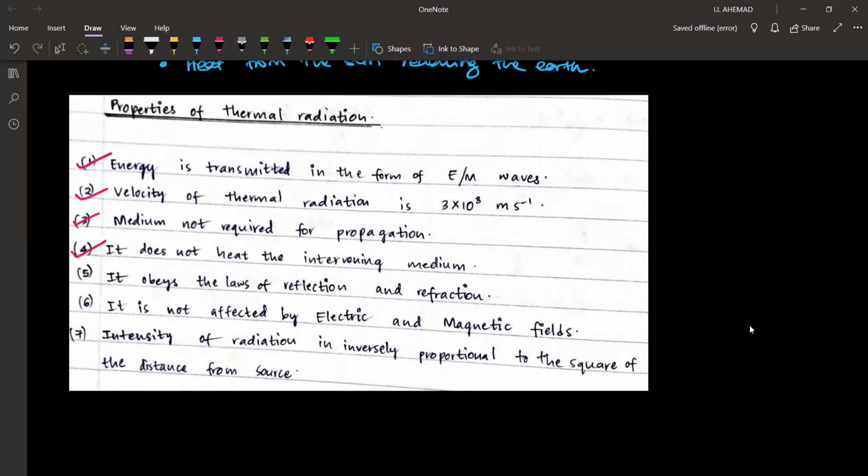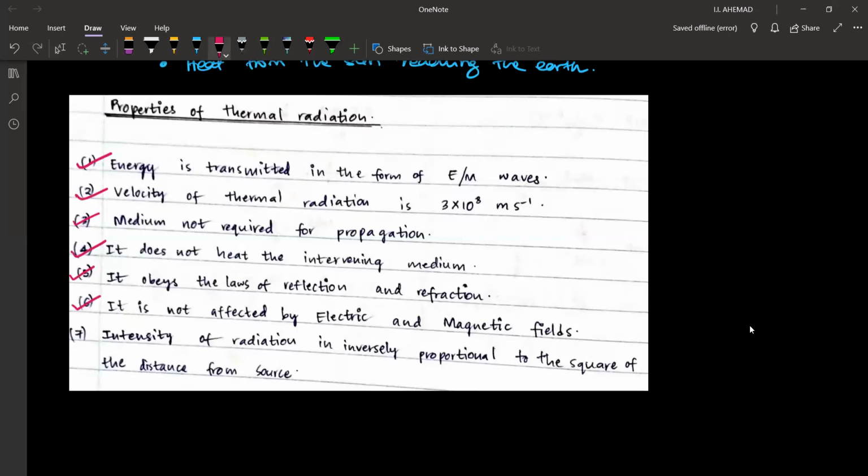It obeys the laws of reflection and refraction. It is not affected by electric and magnetic fields. We already know that electromagnetic waves are not affected by electric and magnetic fields.